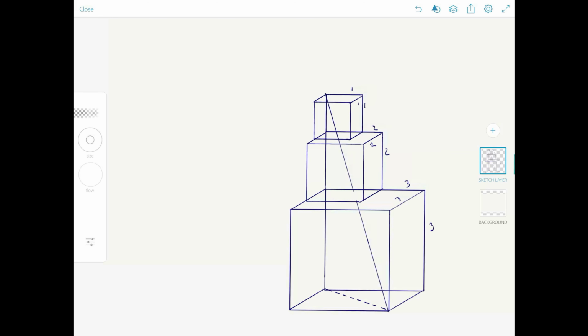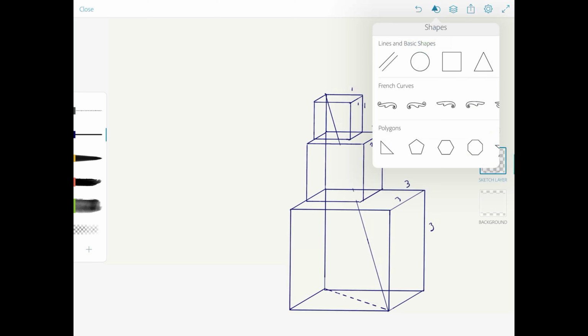Now, what we're given is this triangle, and we are to find this segment.